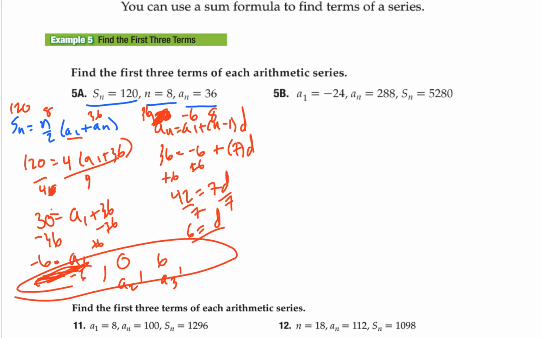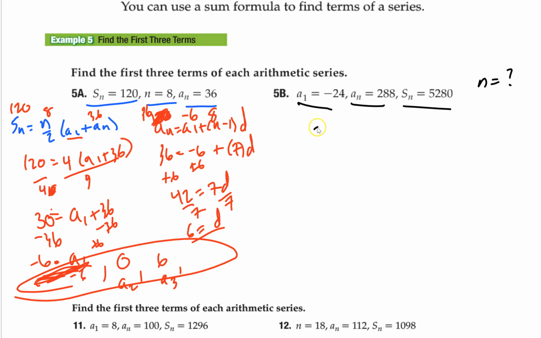Same thing over here. Exact same question. Look what happens. They give you the first term. They give you an, they give you sn. What's missing? N. Now, unlike before where I plugged into the original equation, they gave me the sum equation, so I'm going to plug into the same sum equation they have here, because they love that equation. I don't like it.